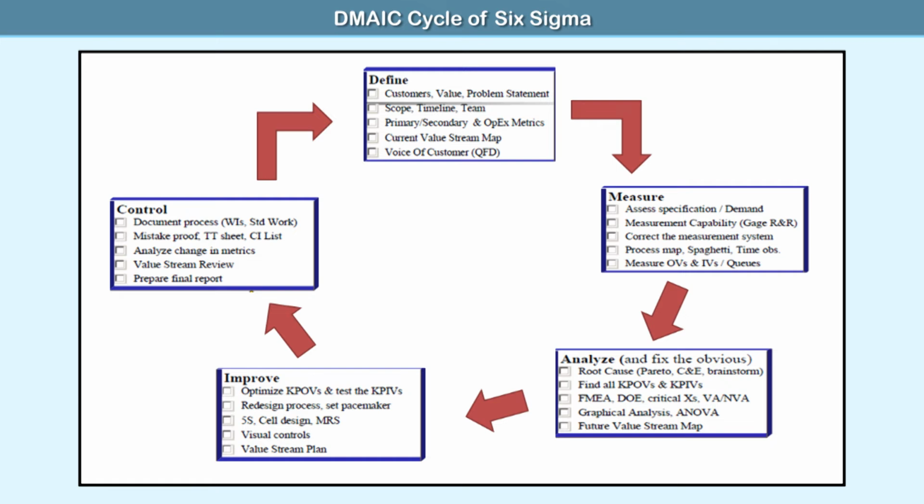Redesign process: 5S, cell design, visual controls, value stream plan. Control through document process, mistake proof, analyze change in matrix, value stream review, prepare final report.